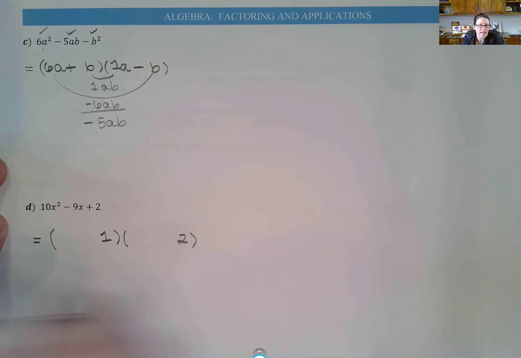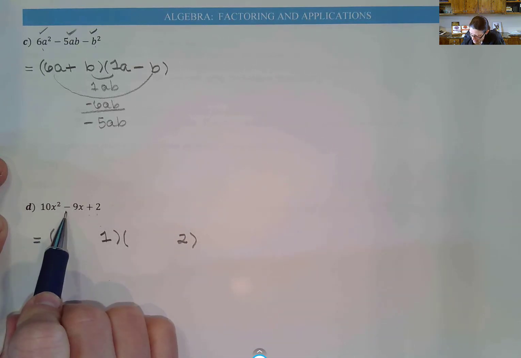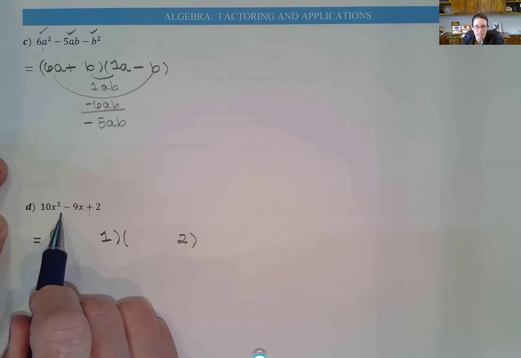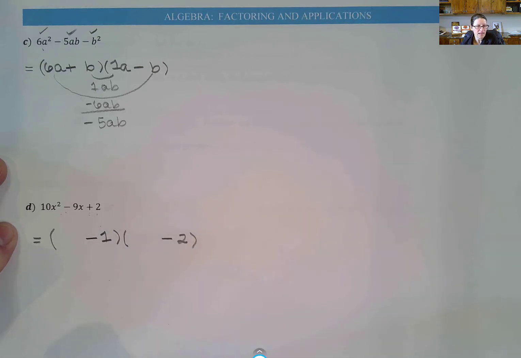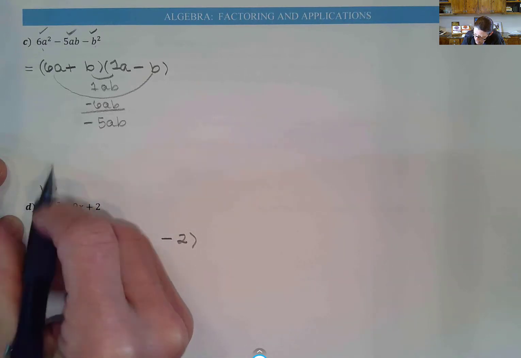Additionally, that last term is positive and the middle one is negative. How can we obtain a positive product yet a negative sum of our inner and outer products? Those terms must both be negative. So this much we know. Now it's just a matter of getting our factors of 10 in the appropriate spots.